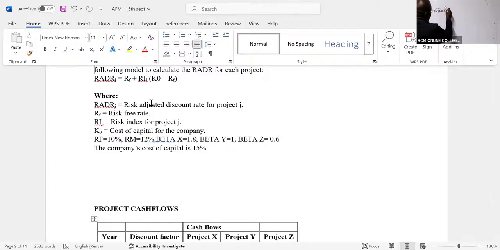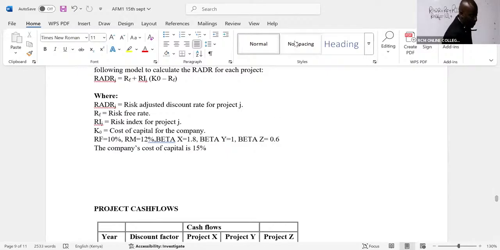The RADR in this case is risk-free plus risk index into cost of capital minus risk-free. Remember, the risk-free doesn't fluctuate. Risk-free is always constant, and it has been given by the examiner as 10%, plus the risk index for Z. Risk index is the same as beta. Beta for Z is 0.6.